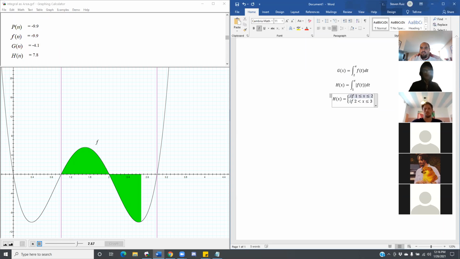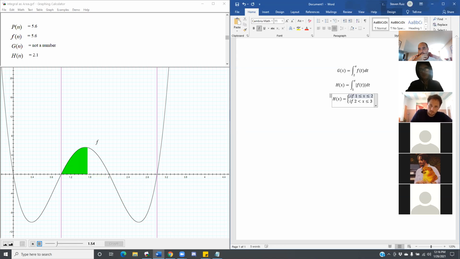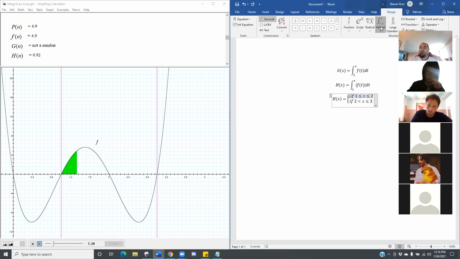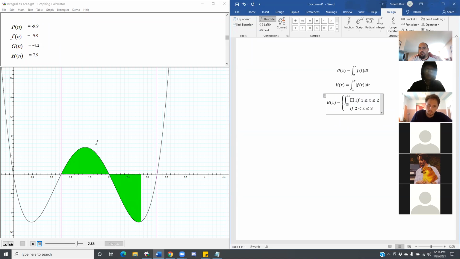So now let's think about if we have an x value that's between 1 and 2. How am I going to find that unsigned area? Would it be f of t times t minus the initial value of x?